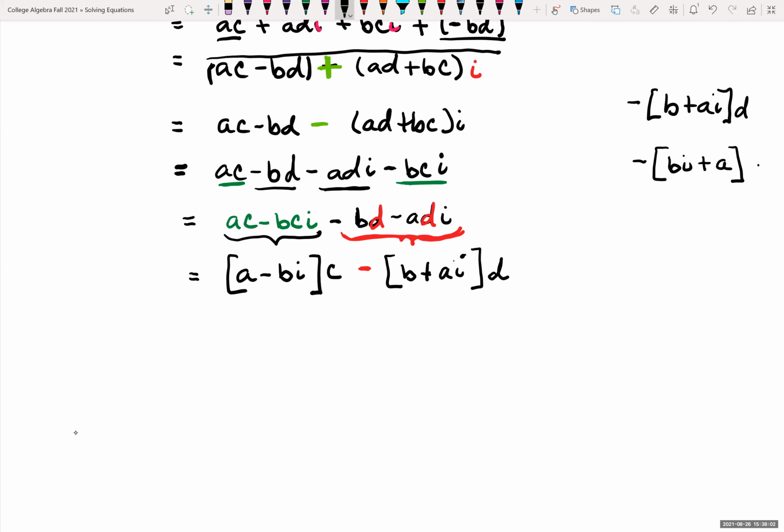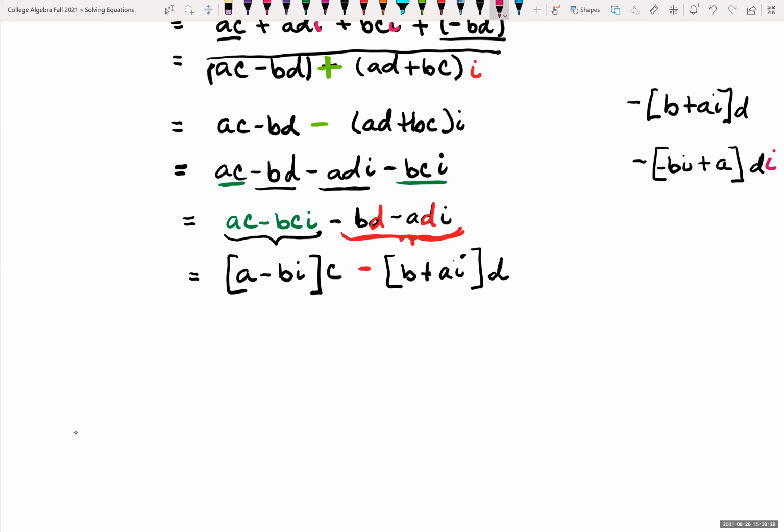And I'm thinking to myself, what would I multiply along with the d to make this a positive b up here? Well, if I do i times i, that is going to give me an i squared. So that's going to be a minus in here. Right?